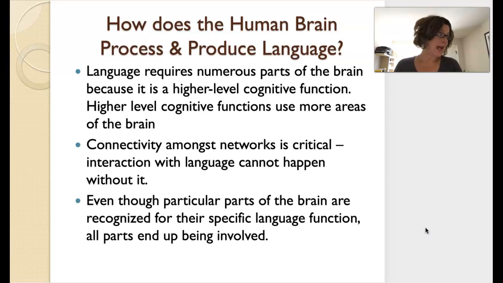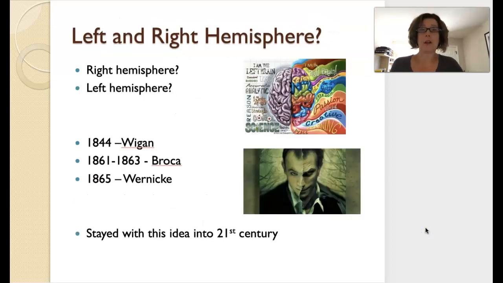Okay, so let's have a look, a further look at the left and right hemisphere. So remember, I circled these. So we have the two hemispheres. Okay, I'm just going to erase that so we can see. So I think we've all probably heard, I'm a left brain kind of person.